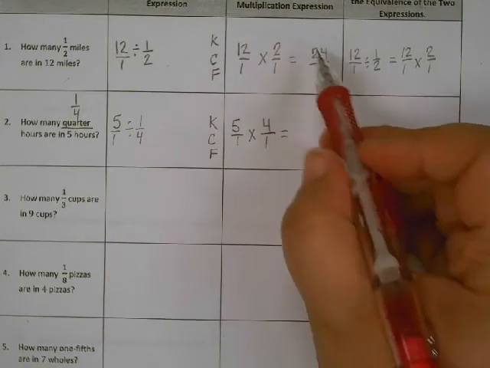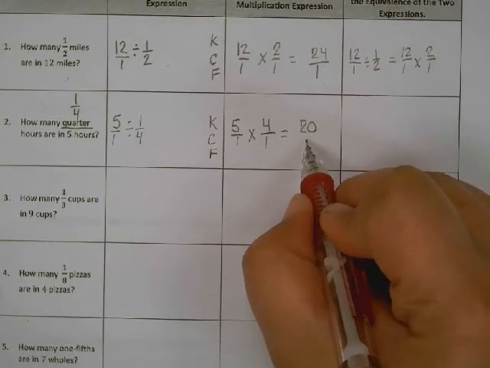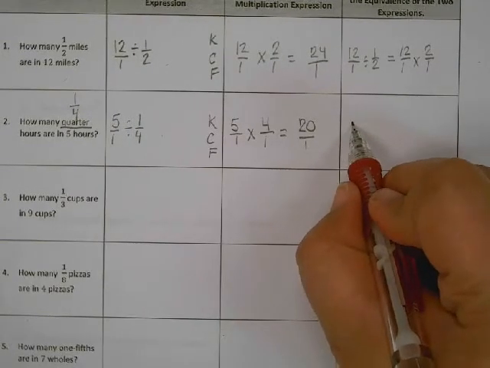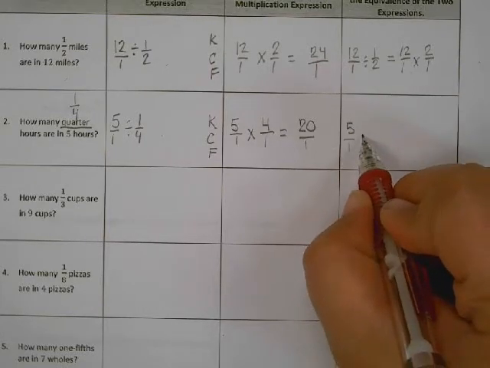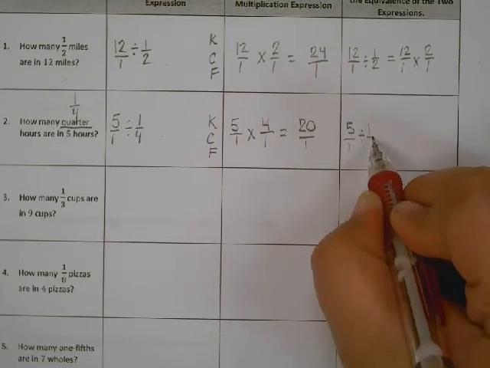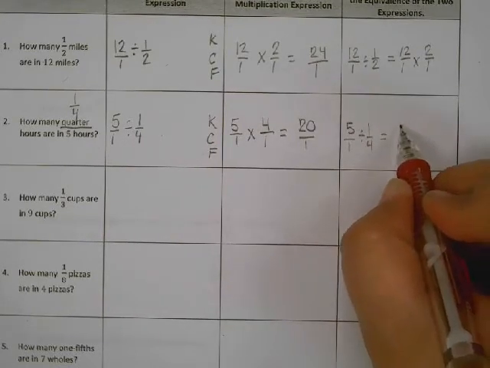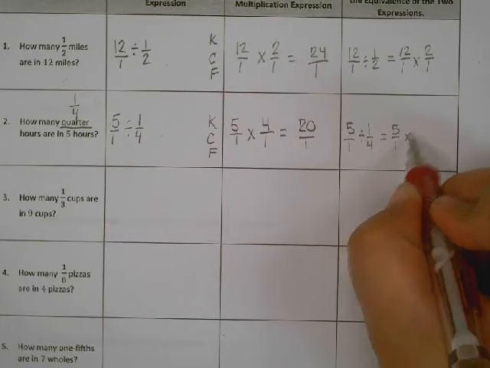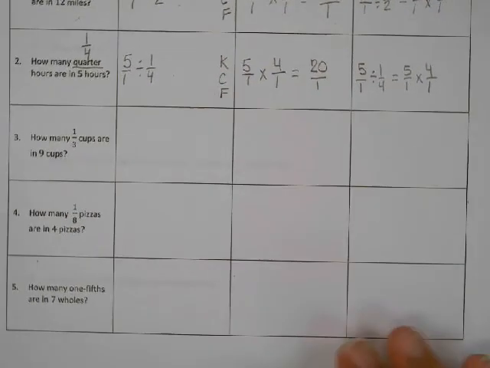And even though we don't have to solve it, I'm going to go ahead and solve it just for the extra practice. Equals 20 over 1. And then I'm going to write those out to show that those two expressions are equivalent. And then we're going to go on to the next one.